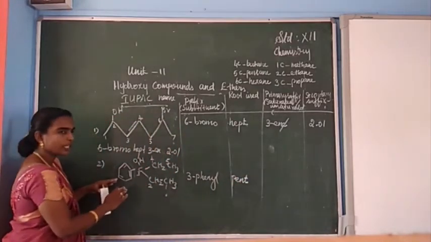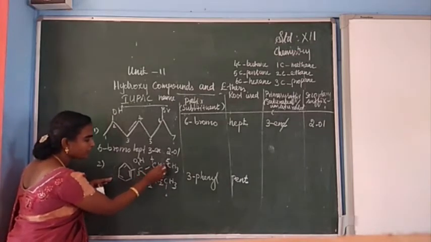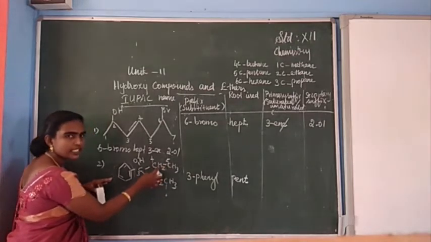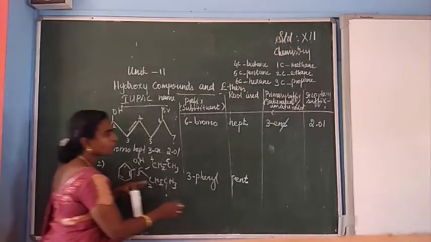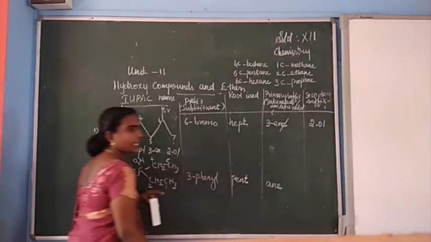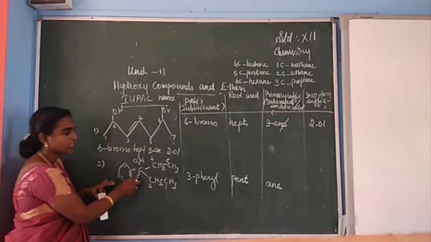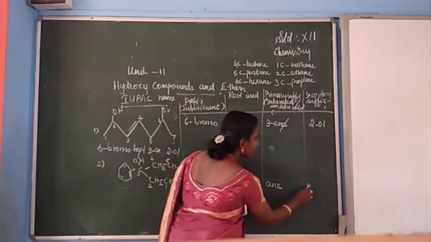Next, saturated or unsaturated? All these carbon atoms in between are saturated, so it is ANE. Next, position of functional group is 3rd position, so it is 3-ol.